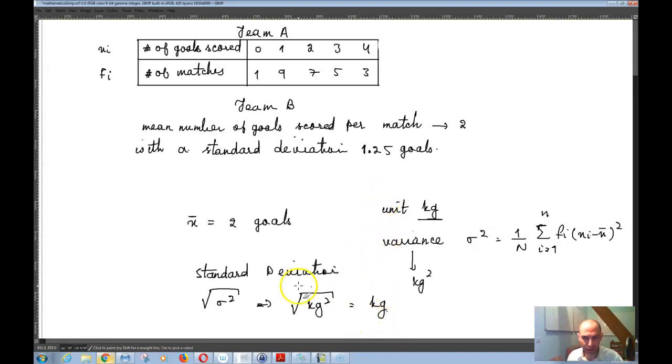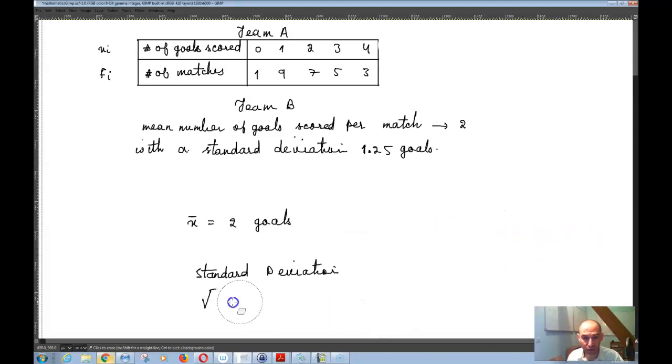So the unit remains the same in standard deviation. So you need to understand these things about these measures so that you can use them properly, and not use them in a situation where you're not supposed to use them.